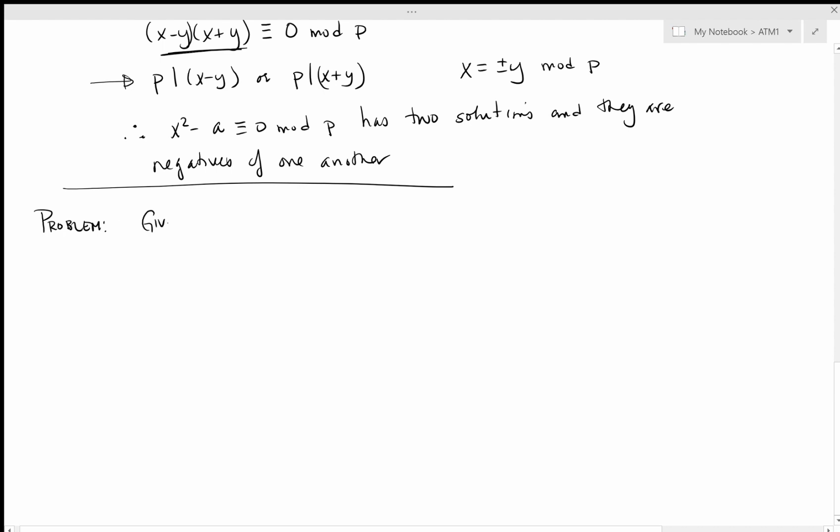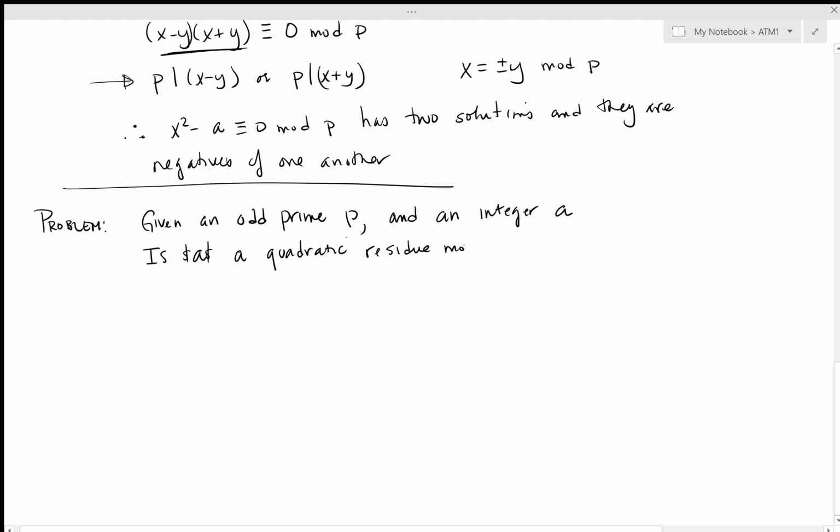Given an odd prime and an integer A, we ask the question: is A a quadratic residue mod P?